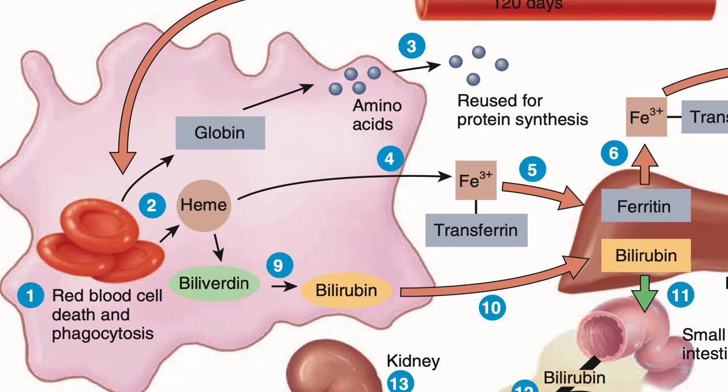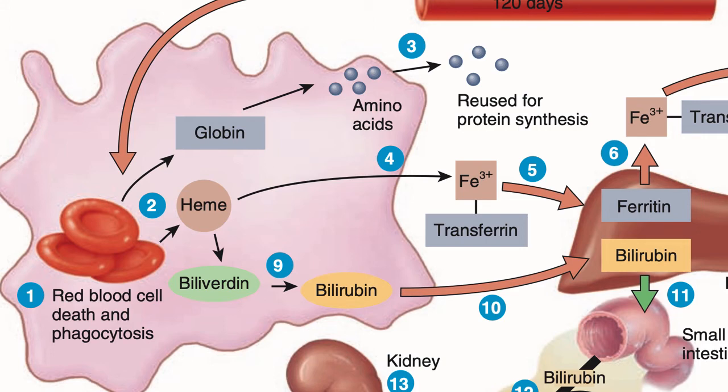The globin component becomes amino acids, then it could be recycled or reused to become another red blood cell, or a different component or cells, or it could be part of the muscle cells.